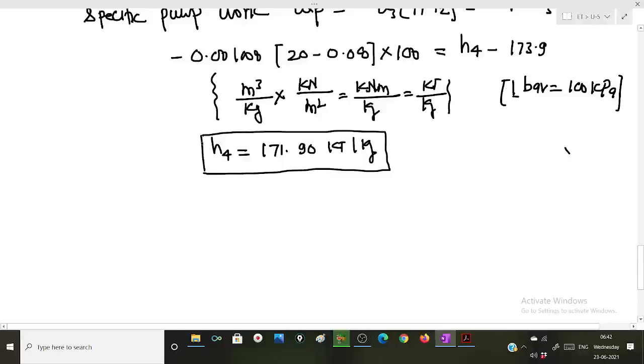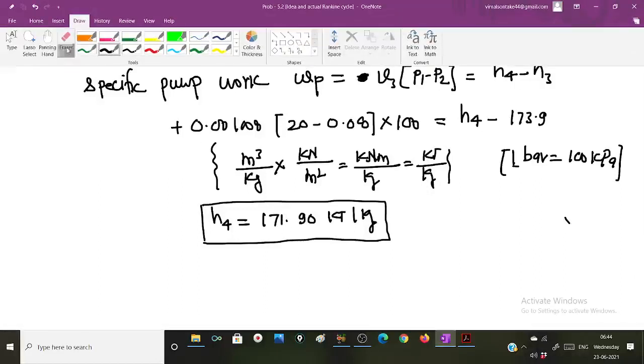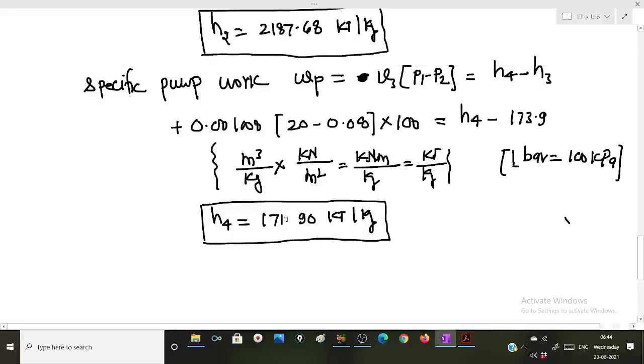Oh, sorry, the formula for pump work is, there is no minus sign: V3 into P1 minus P2 is equal to H4 minus H3. Let me correct this value, it will be added actually.